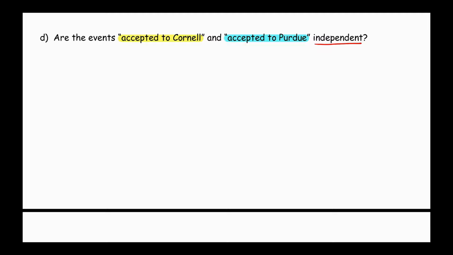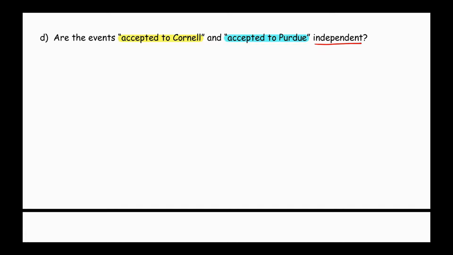No. See right there? Don't think about it. Use the formula. Because if you think about it, you're like, well, if she goes to college and one college says yes, then I think so. That's where you start getting into trouble. We want to check with evidence that we have.